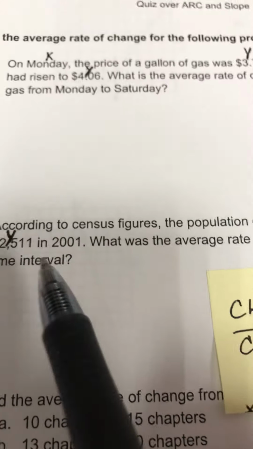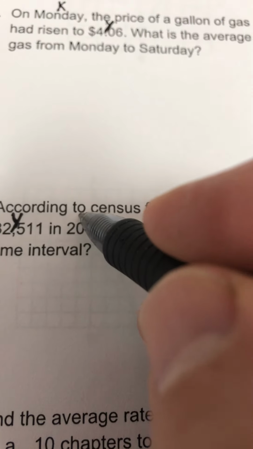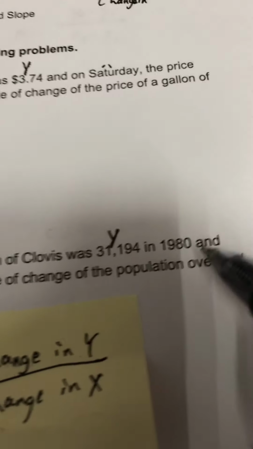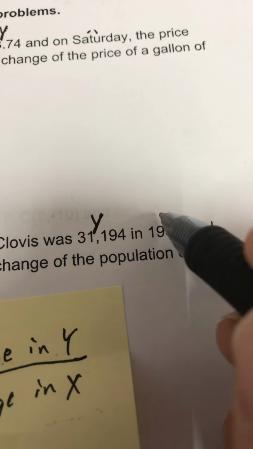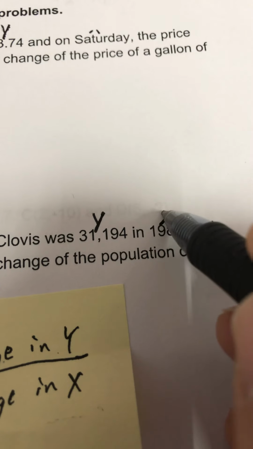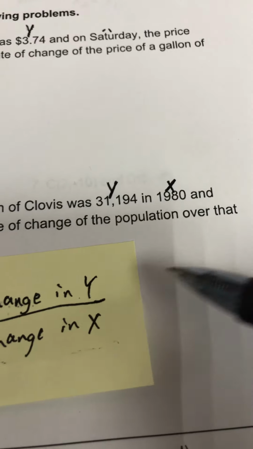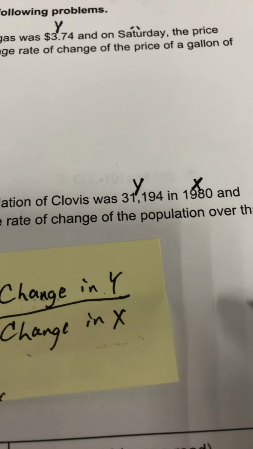And then you're going to go back here and take these X values, 2001 minus 1980. Go ahead and work that problem out, figure out your numerator, figure out your denominator, and then divide that, because a fraction is a division problem.